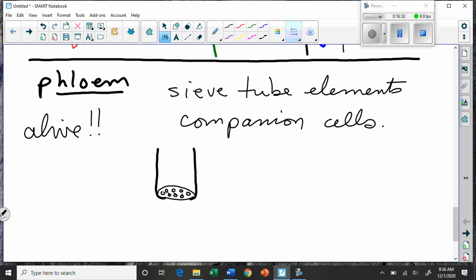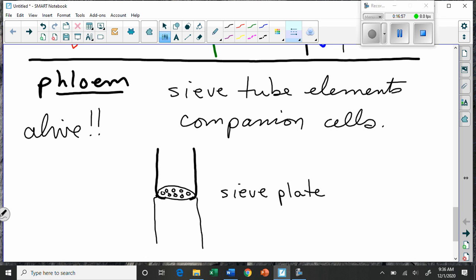And then the next cell joins up, and then the same thing would happen. So what we have here is this little sort of thing which is called a sieve plate, formed from the membranes and the cell walls that have attached. But instead of just dissolving away and forming a tube, there are these tiny, tiny little holes in here.